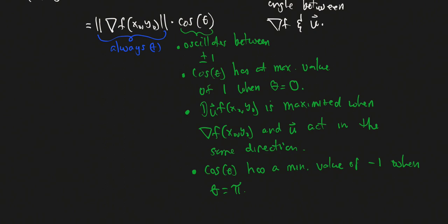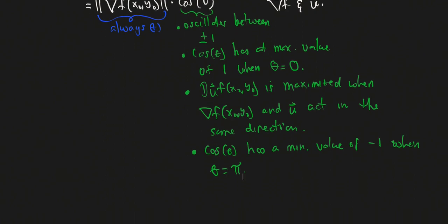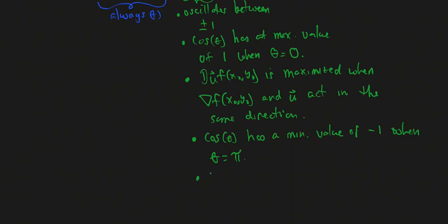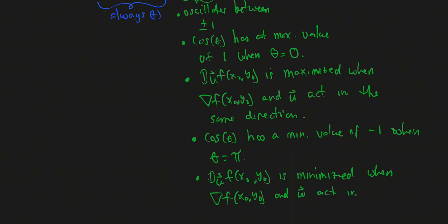So now let's write that down. And so here we go. The directional derivative of this function at this point is minimized when the gradient vector and the direction vector act in opposite directions, right?